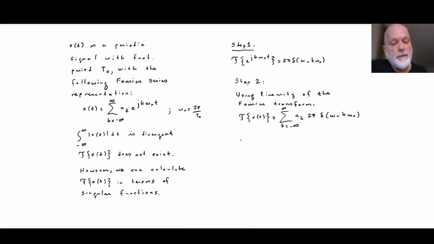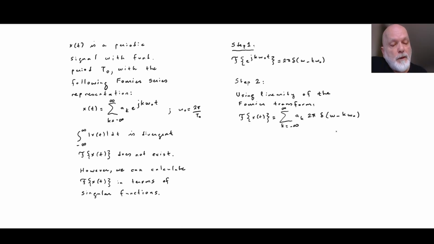For example, in fact, we have seen the cosine and sine signals. They are also periodic signals with simple Fourier series expressions containing only two terms, and the Fourier transform can be easily calculated. But in the general case, we have this expression.